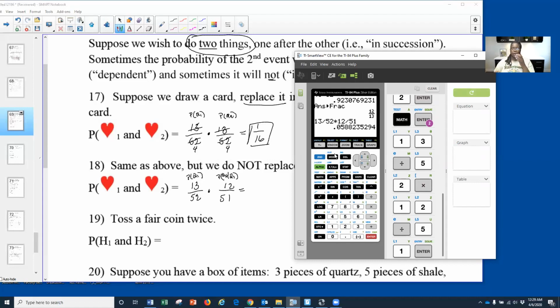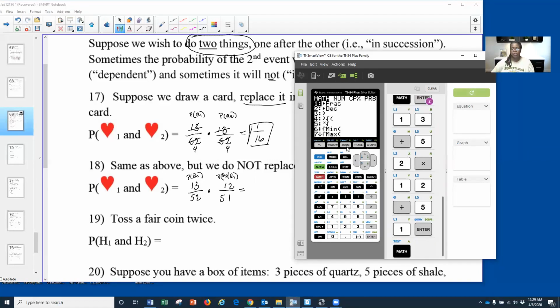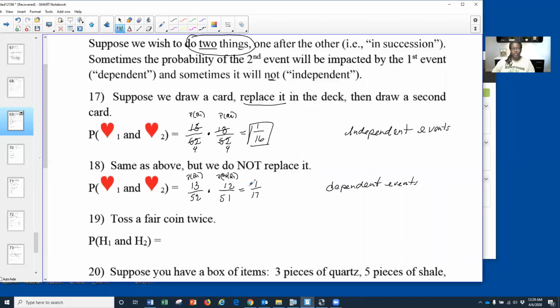Some of your calculators may do it upright. You know the structure of your calculator. So let it work for you, and you have to get that practice in. That's why it's so important for you to practice on your calculator while you're doing your homework, so that when you get to the test, you're not shocked by what's happening with your calculator, okay? So you have 1/17.